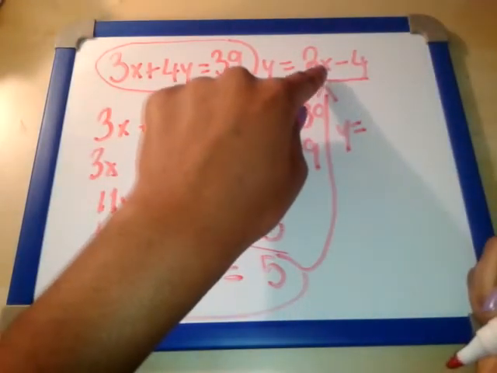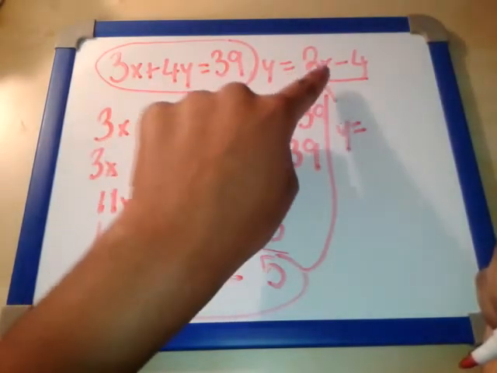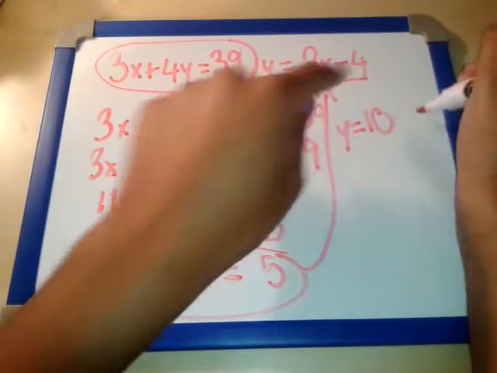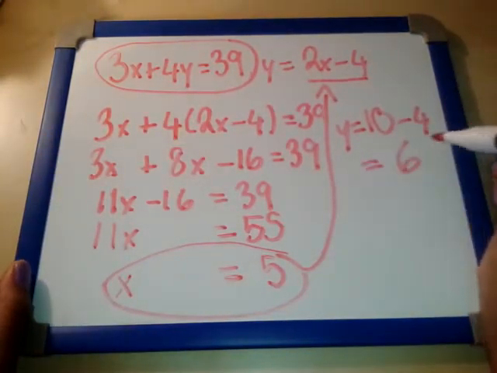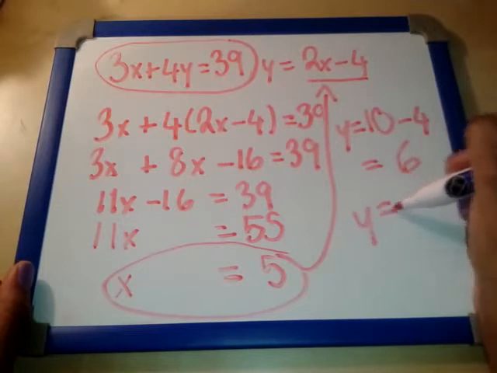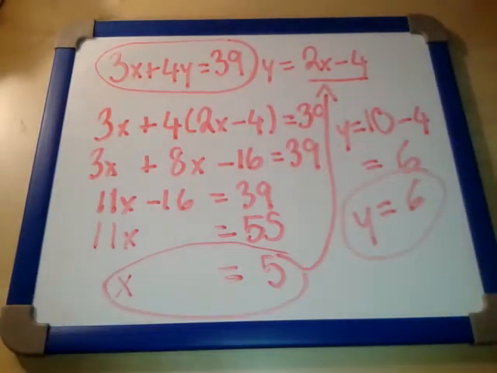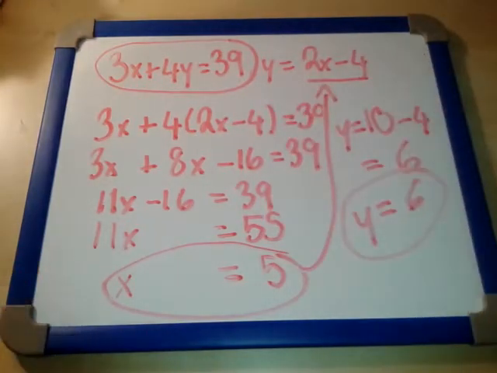We know that x equals 5 because we've just worked that out. So y equals 2 times 5, which is 10, minus 4, and that gives us 6. So our solutions are x equals 5 and y equals 6. And if you put those values for x and y into both equations, it will work for both of them.